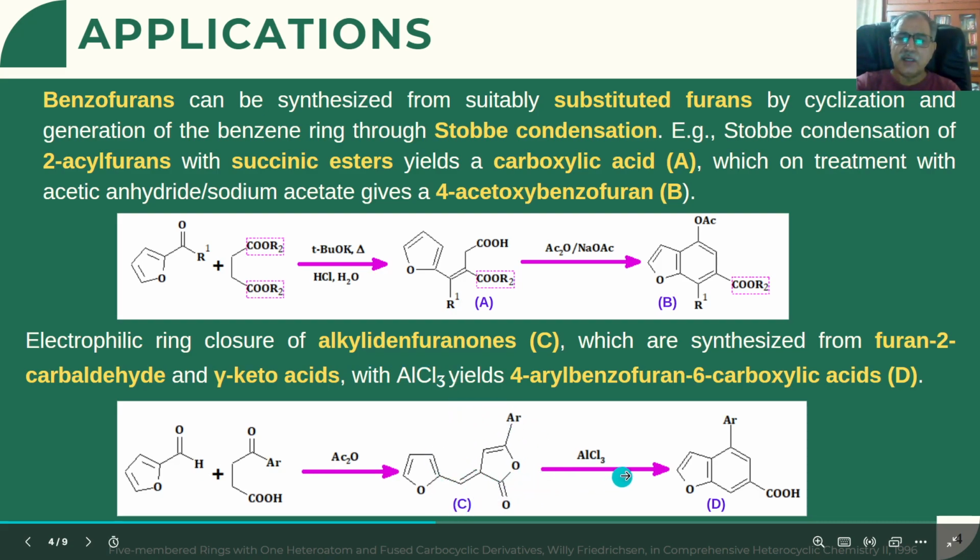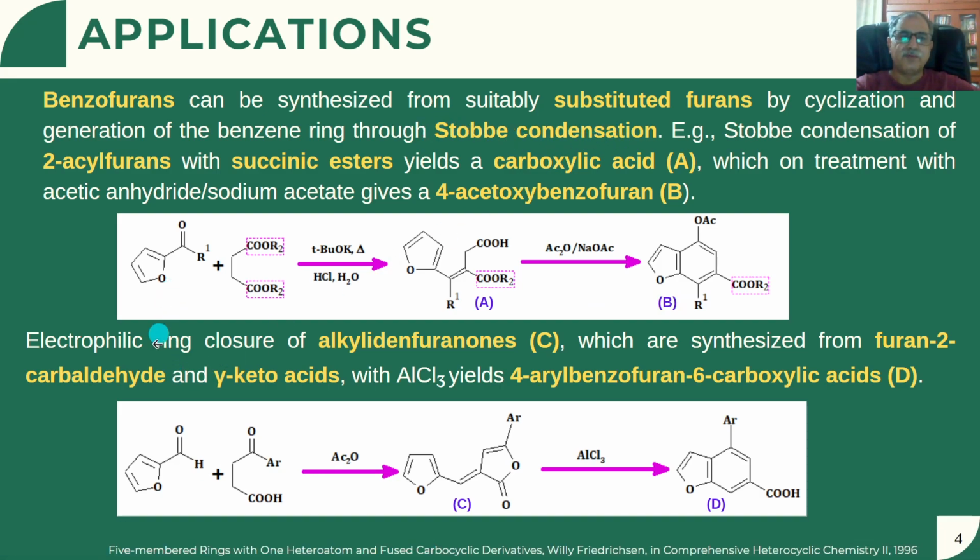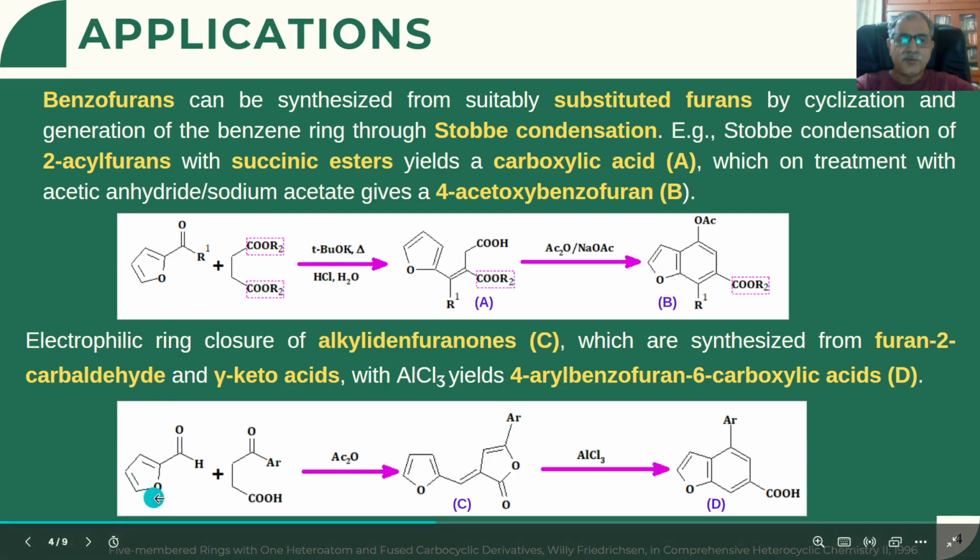And then these alkylidene furanone derivatives will undergo Friedel-Crafts reaction to give us 4-aryl benzofuran 6 carboxylic acids as the product. So we can synthesize benzofuran derivatives through Stobbe condensation of acyl furans or furan aldehydes as the starting materials.